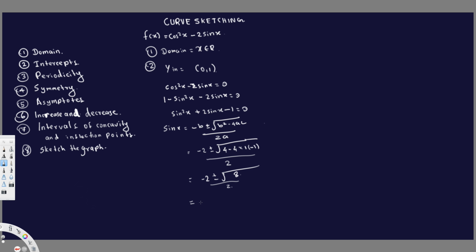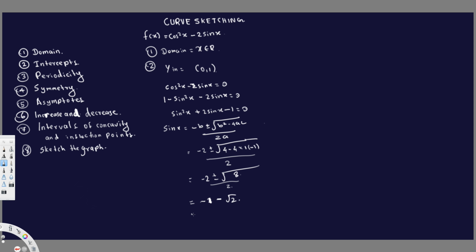Then if I solve for this, I get minus 2 plus or minus the square root of 8, and I can simplify this by dividing by 2. So this comes out to be minus 1 plus or minus root 2.